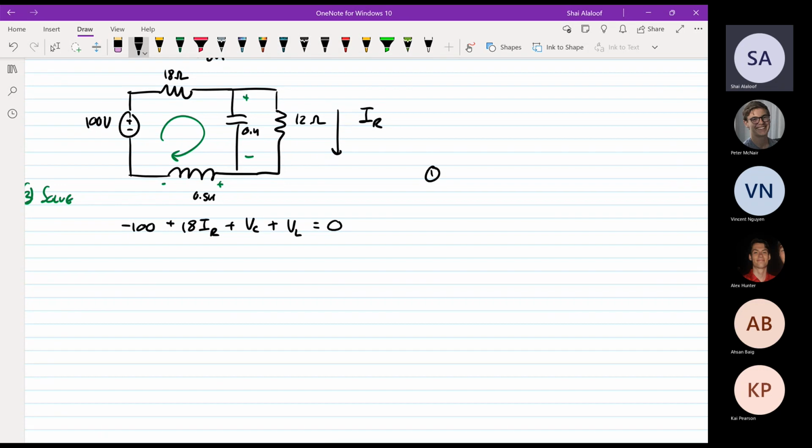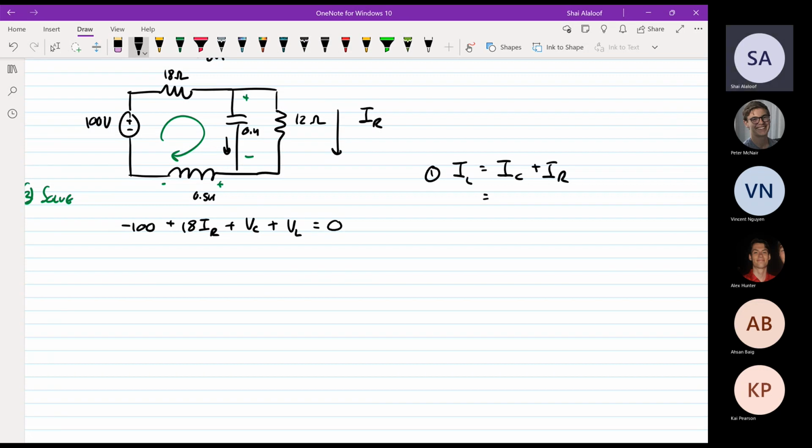Number 1, the current through the inductor is equivalent to the current through the capacitor plus IR. That's just simple nodal.